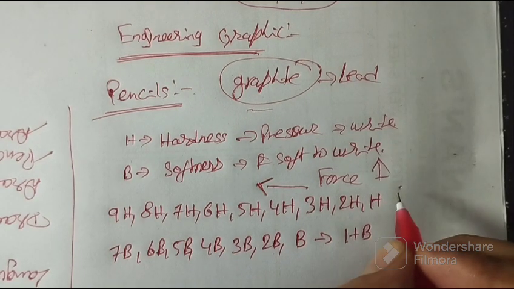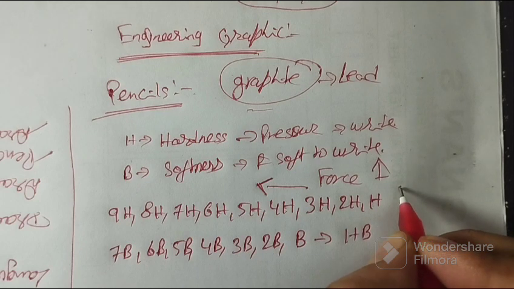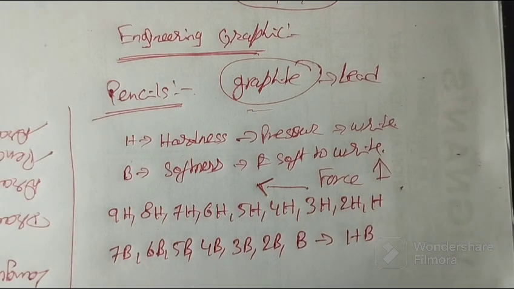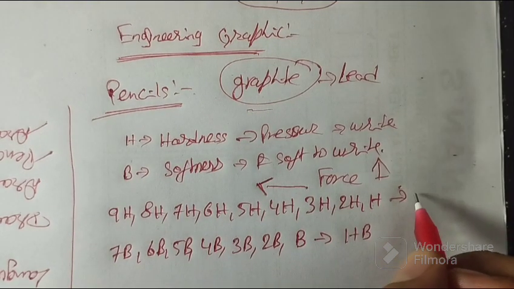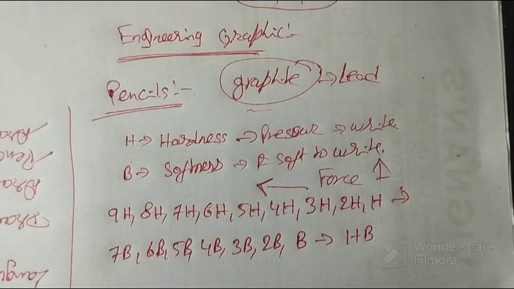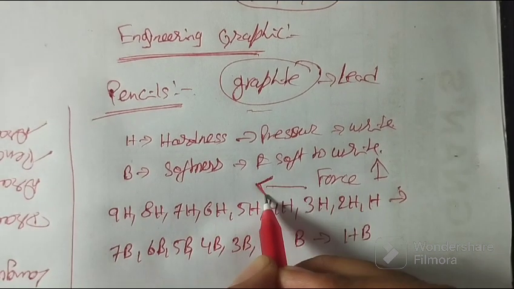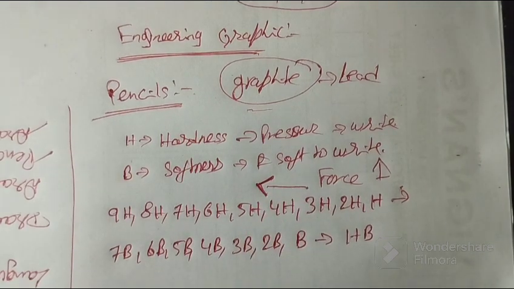Now when you're pressurizing your pencil to write, the impression falls behind the paper. You might have seen a few friends in your class who just press more to write. The impression will fall behind the paper. Though you can erase it, the impression will be left on the paper. So as the H increases, the pressure increases.